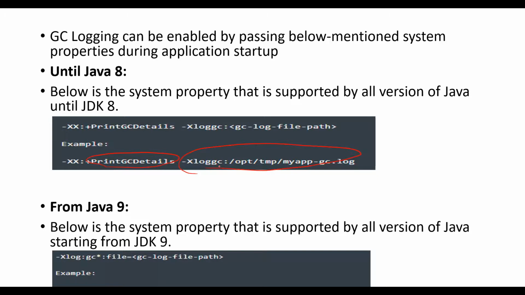Now I will also show you how we enable the GC log for a particular Java application. From Java 9, this option is changed. Instead of print GC details, you just have to give the log GC file path. So these two options are simplified into a single option: -Xlog:gc*, and you just give the path for your GC file. So it's simple.